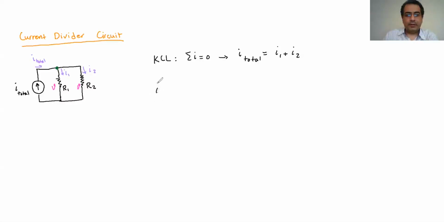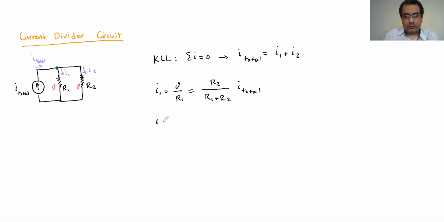Here I1 is V over R1, which is Ohm's law, but you can directly calculate it from this equation: R2 over R1 plus R2. Remember, if this is 1 here, it's going to be 2 here, times I total.